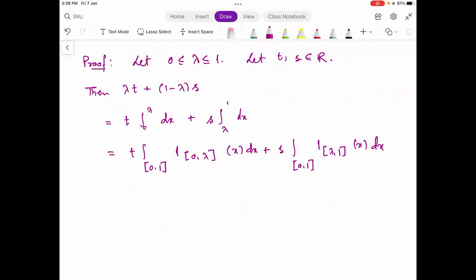Okay, so that's the same as, now that both the integrals are over 0 to 1, instead of one integral being from 0 to lambda, the other being from lambda to 1, t times the indicator of 0 to lambda plus s times the indicator of lambda to 1, integrated. So you see I've written lambda t plus 1 minus lambda s, just a number, in such a complicated fashion.